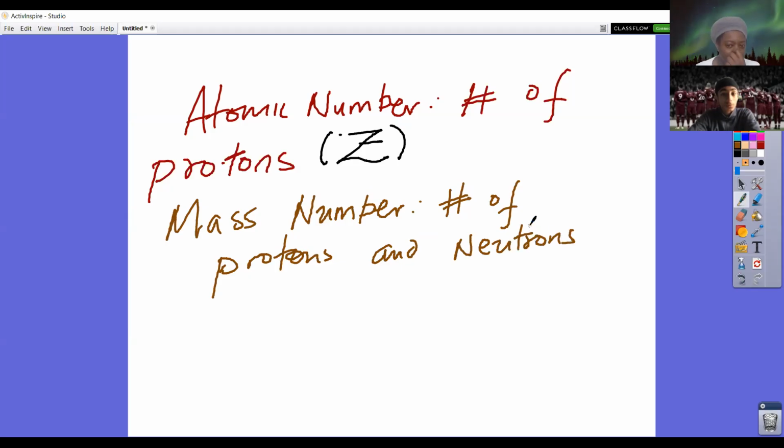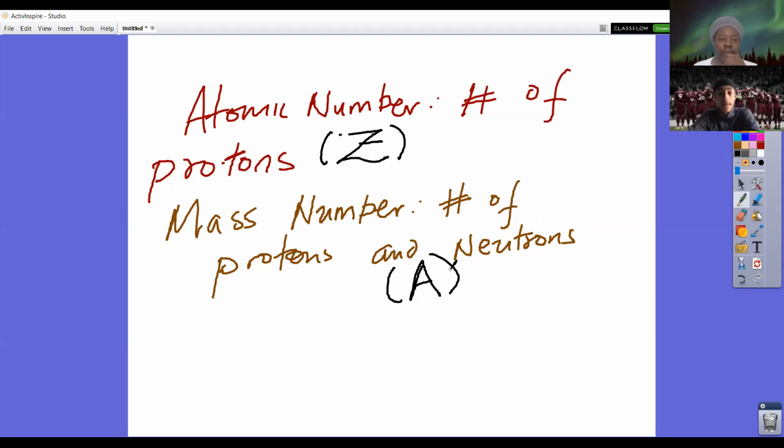And this is in effect telling us how heavy that particular atom is. Now, protons and neutrons are significantly heavier than electrons. So electrons are near enough zero mass. So the majority of the mass of an atom is actually comprised of the protons and neutrons, okay? Now, the symbol for this is A, okay?